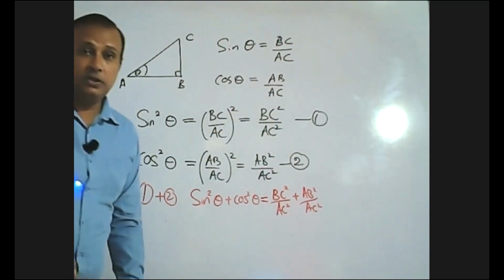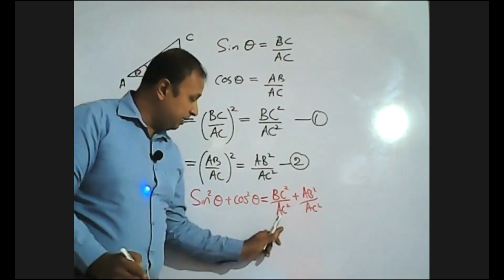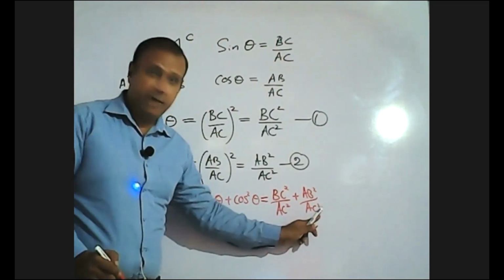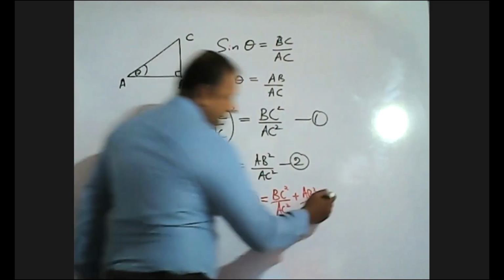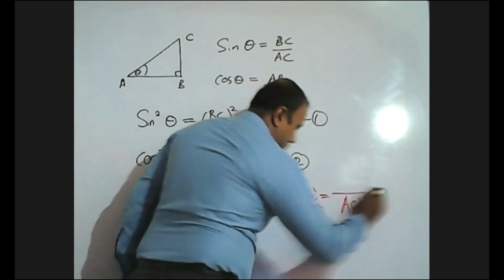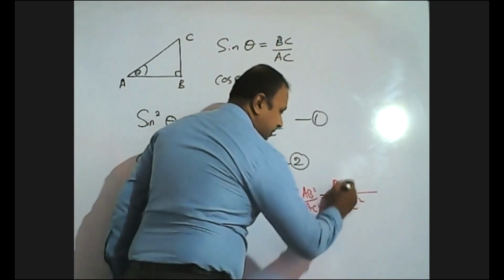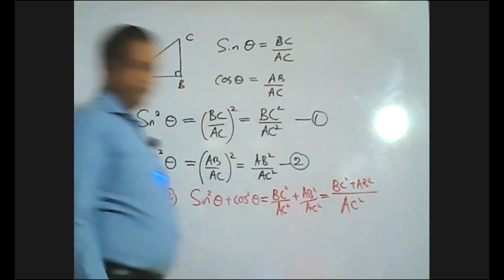You know the denominators of these are the same, both are AC squared. So I can write it with a common denominator AC squared, equal to BC squared plus AB squared.